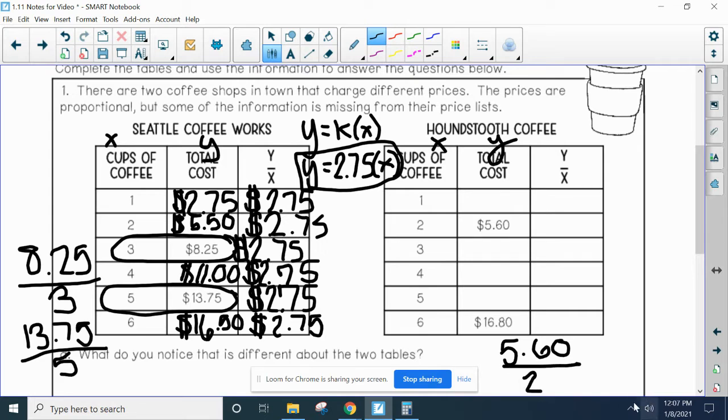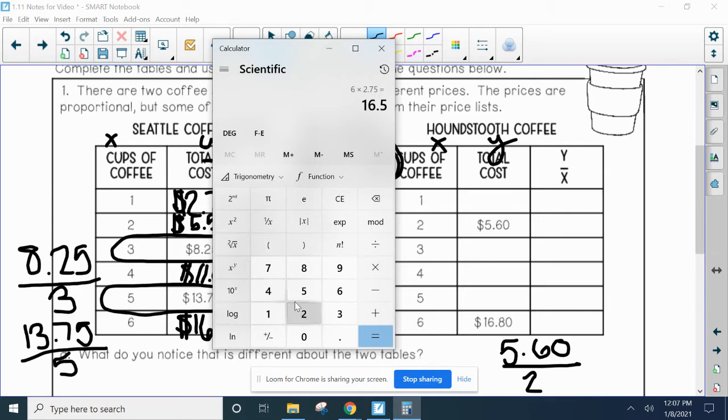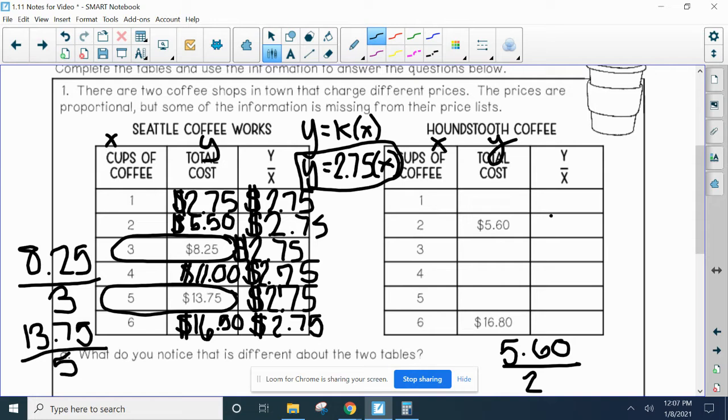So the cost of 2 cups divided by 2 cups, 560 divided by 2, not times, is going to leave us with 280 per cup. Because that constant of proportionality is also that unit rate, that's going to be our price of 1 cup, and we talked about that last week as well.